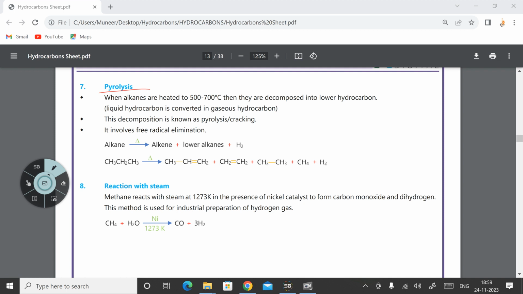A large compound is converted into many smaller compounds by heating in the absence of air or oxygen. Suppose any long chain alkane, with more carbon atoms and more molecular weight, is heated in the absence of air. It is converted into alkene, lower alkanes and hydrogen.